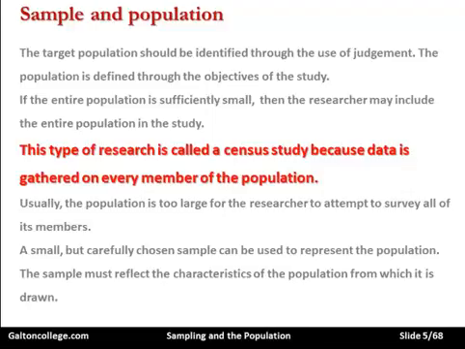This type of research is called a census study because data is gathered on every member of the population. If the investigation is based on the entire population, it's called a census study because everyone's included.